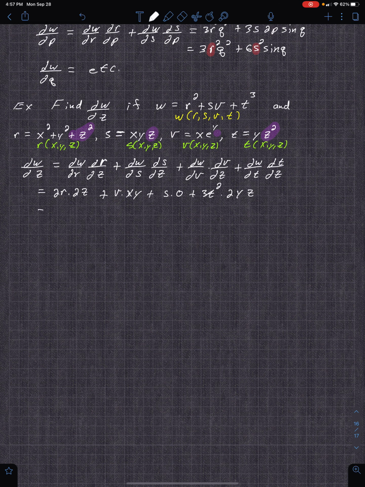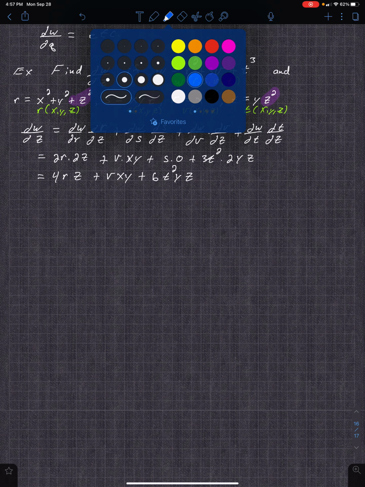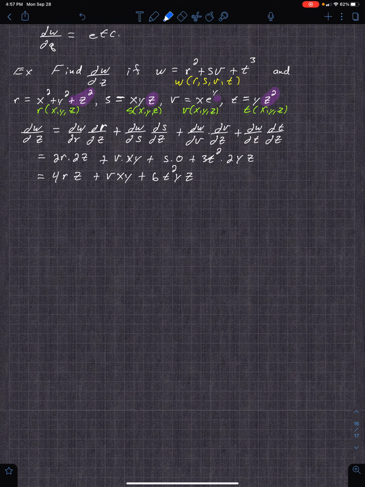So you just want to simplify, and then you can substitute in for your terms if you want, but it's not really necessary unless asked. So 4rz plus that one's just vxy, 0, plus 6t squared yz. If needed, you could come in here and substitute for R, V, and T with those given functions.